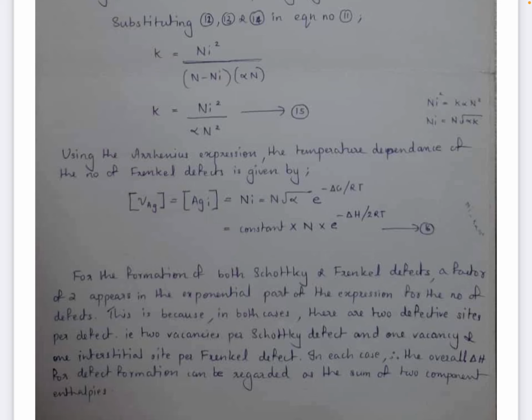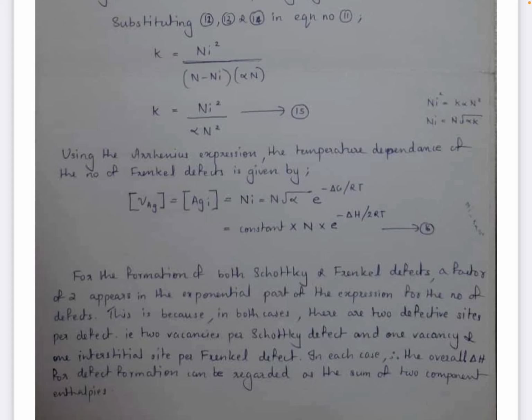Therefore, from the two equations, that is the thermodynamics of Schottky defect as well as the thermodynamics of Frenkel defect, we have seen that for the formation of both Schottky and Frenkel defects, a factor of 2 appears in the exponential part of the expression for the number of defects. This is because in both cases there are 2 defective sites per defect.